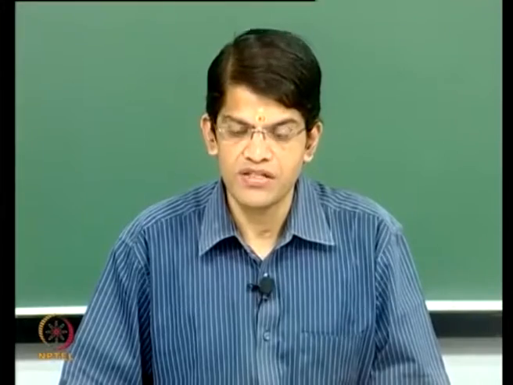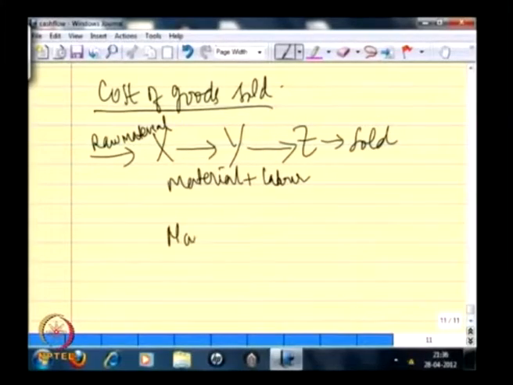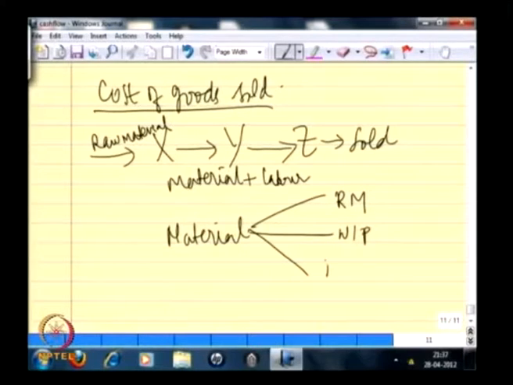Now, the finished good inventory gets sold. Now, when this happens in a manufacturing firm, the material that gets recorded in your inventory in your balance sheet could be in different stages. It could be as a raw material, it could be as a work in process, it could be as a finished good.